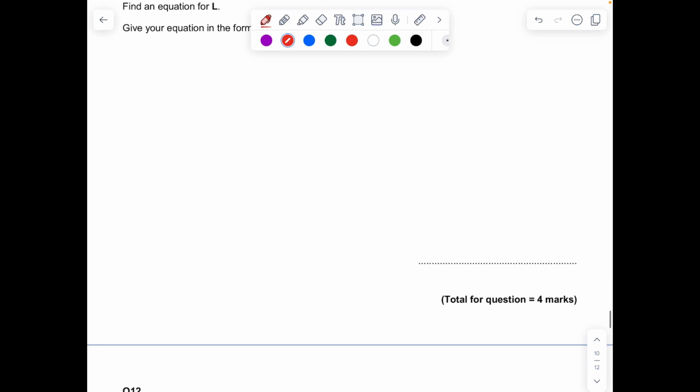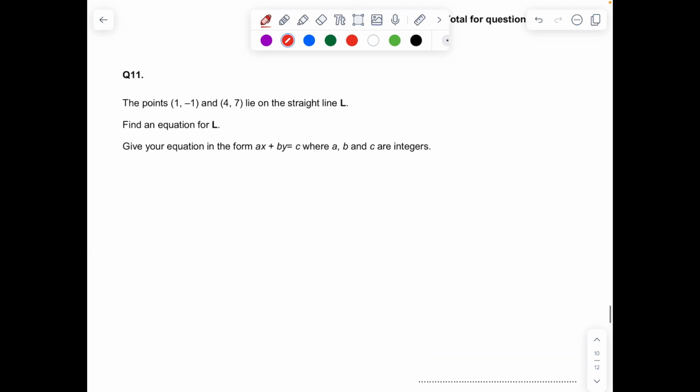Okay, this is the one that a lot of you weren't sure about, didn't like. But remember, you got some marks. I'll try and tell you where you got some marks. So you got 1 mark just for finding the gradient, which hopefully most of you could do. 7 take away minus 1, so the 2 y's subtracted.